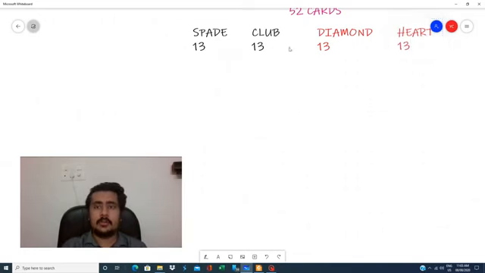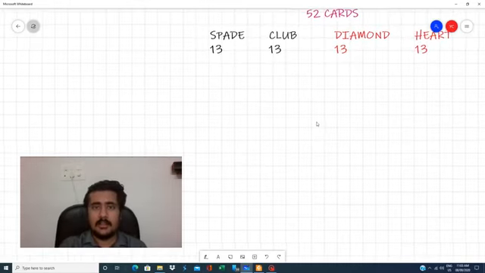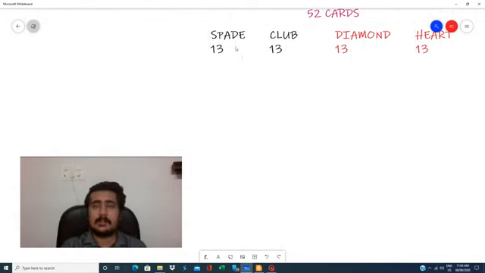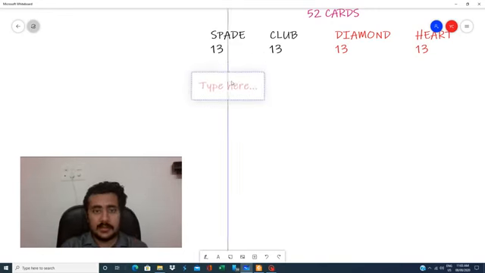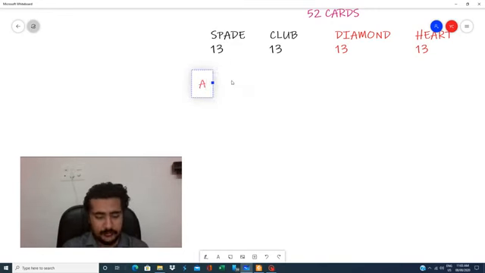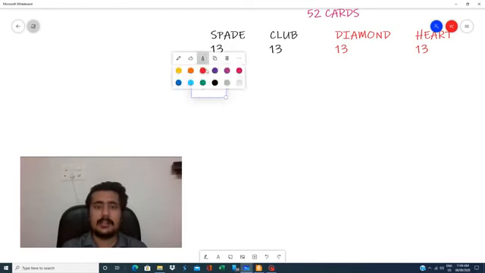Okay, so 13, 13, 13, 13 make 52. Total 52 cards. Now, in the 13 spade, what are the details? The first card is known as the card of ace.